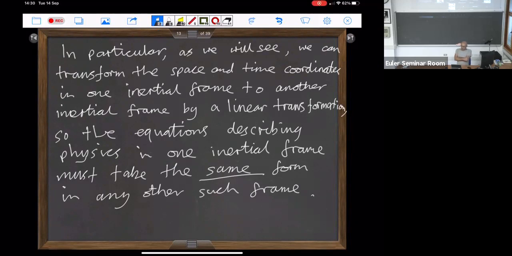So as we will see, since we can transform the space and time coordinates from one inertial frame to another by a linear transformation, a Lorentz transformation, the equations describing the physics in one inertial frame get transformed to some equations in the other inertial frame, but you'll be able to see that those equations are actually identical. If they're equations for physical laws, like, for example, as we will see, Maxwell's equations.